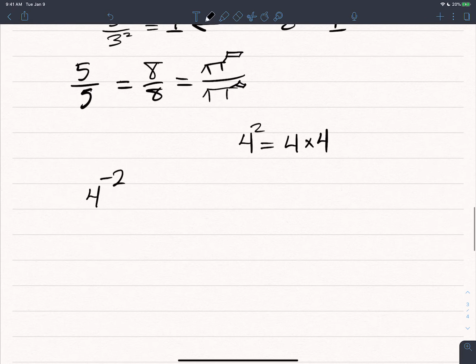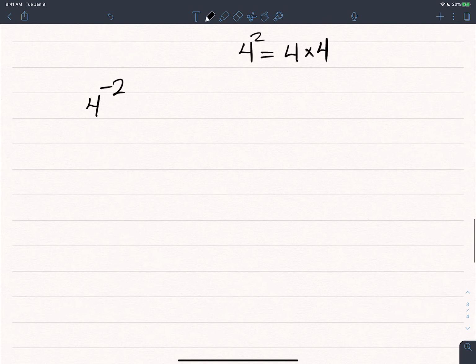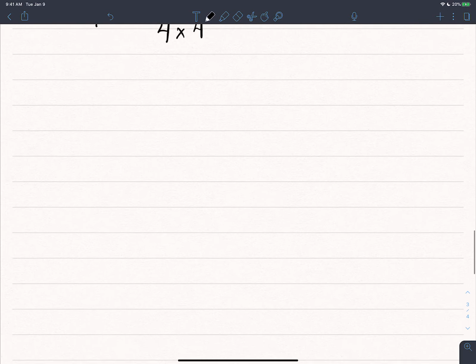When we do a negative exponent, one way to look at it is repeated multiplication in the denominator, so 1 divided by 4 times 4. Or you could say repeated division: we're repeatedly dividing by 4, or dividing by 4 more than once. That's basically the idea of a negative exponent.